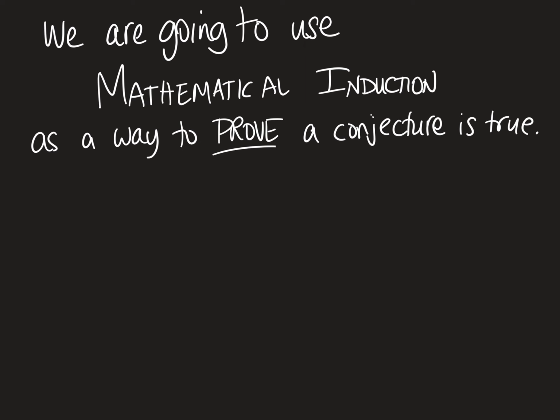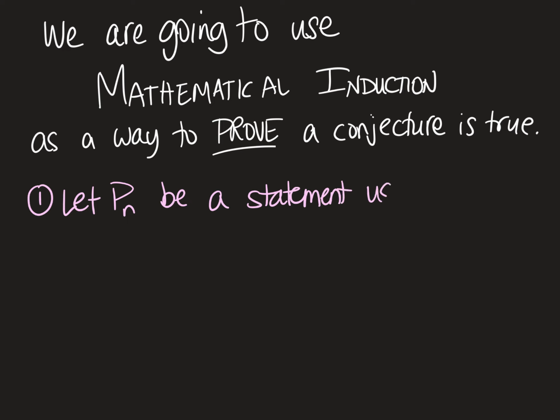Mathematical induction is going to start like this. We're just going to number this in the order that you'll see things. Let P sub n be a statement using the positive integer n. I know this is going to seem like some very weird talk in a moment. Just stick with me and it'll get a little bit better as we work through it.